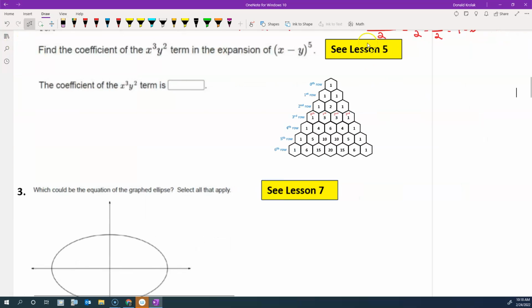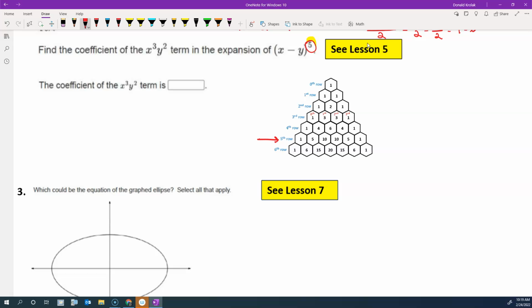All right, so if we expanded this, we want to know what would be the number in front of this term. We know this is going to be the 5th row, so that's this one right here. And the coefficients, guys, are the same as doing the combinations.